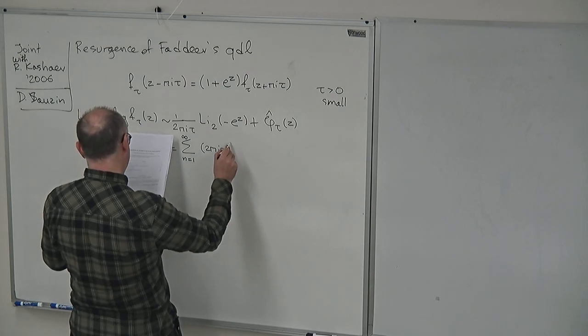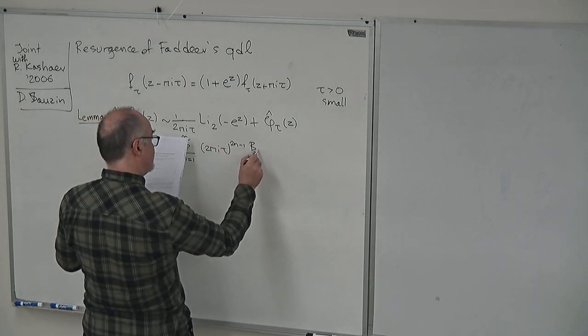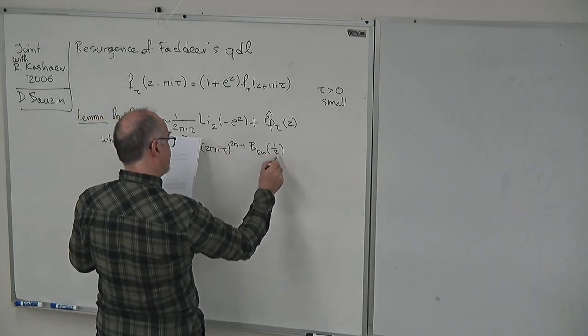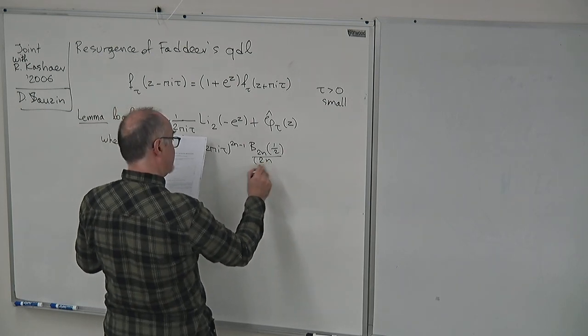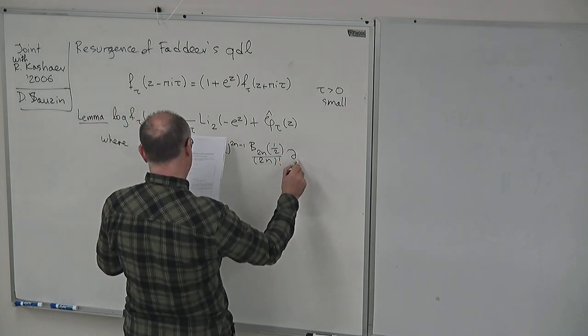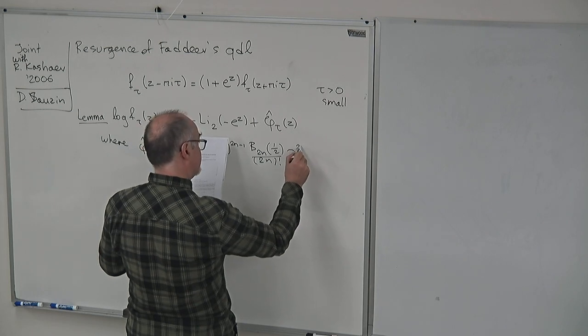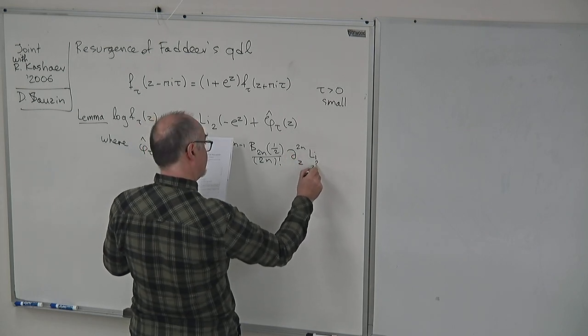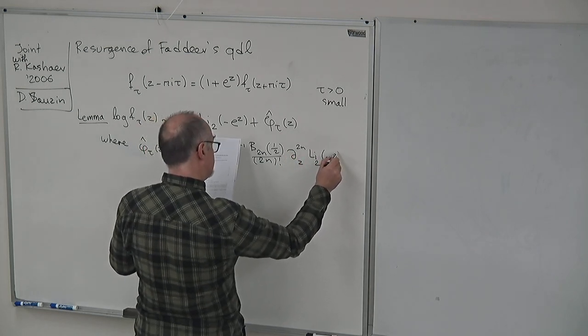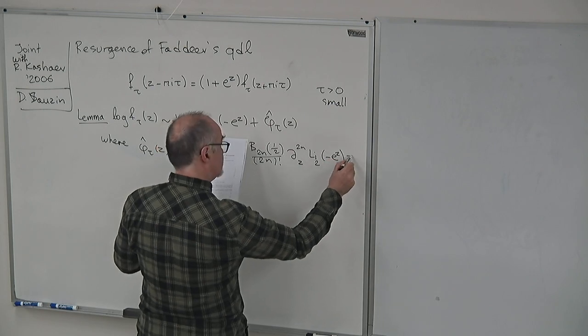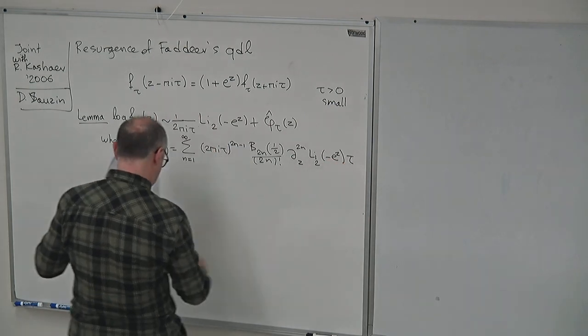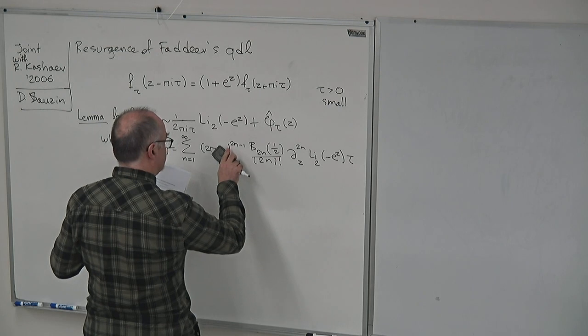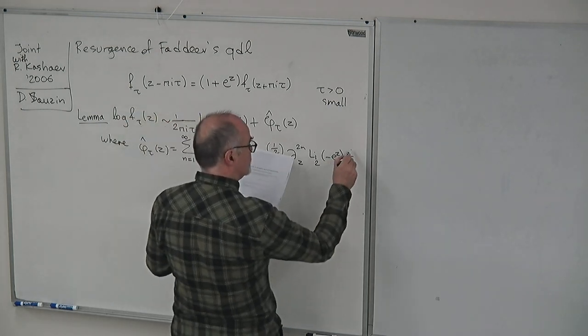tau to the 2n minus 1, B_{2n} over 2n factorial, and the 2nth derivative of Li_2(e^{-z}) tau to the 2n minus 1.